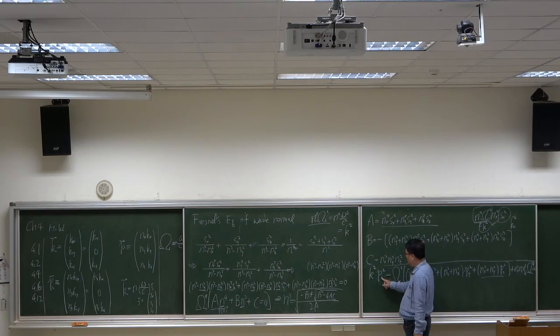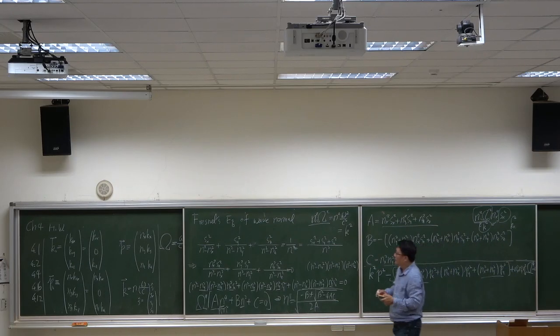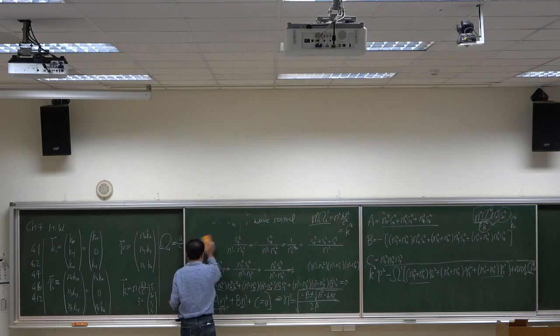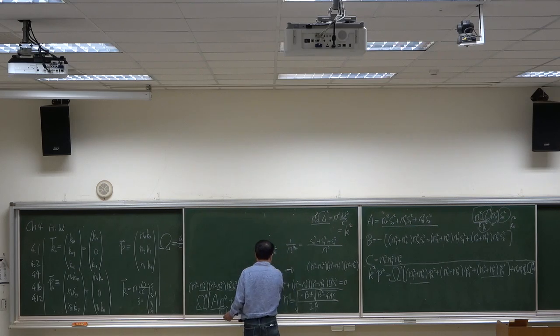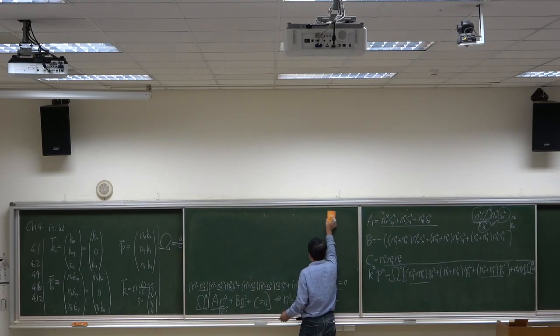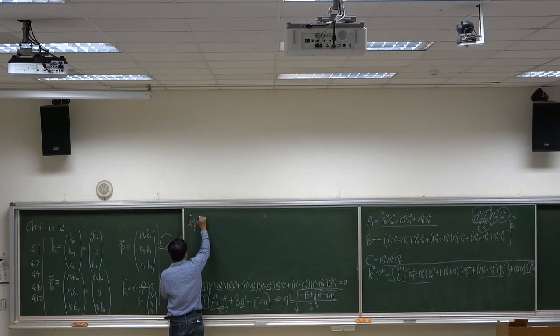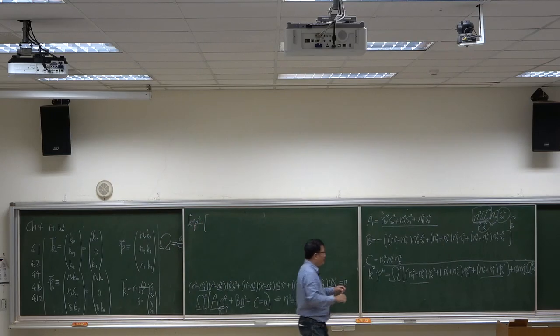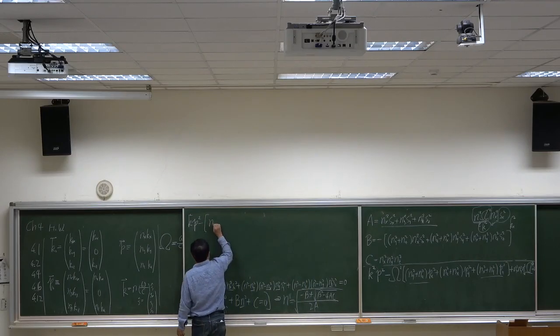Okay, 看一下啊，我需要稍微改一下这个。I can write this as a k squared p squared minus, you see now we have ny squared times px squared plus pz squared.